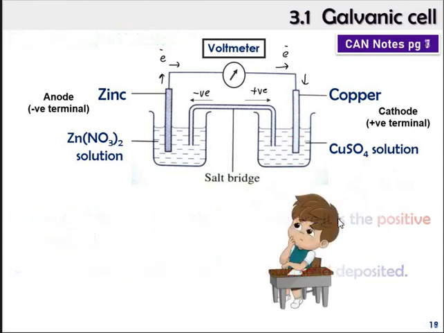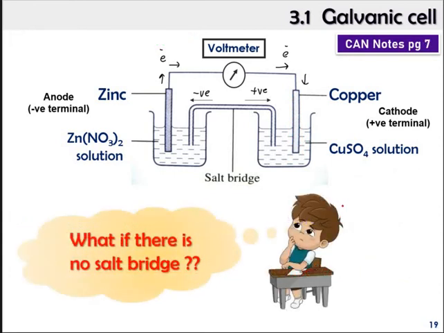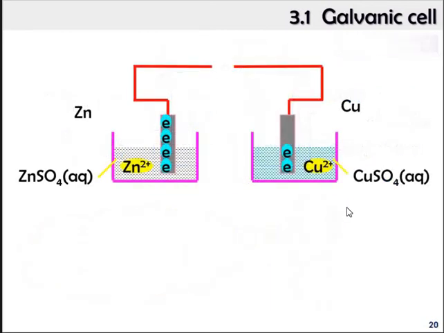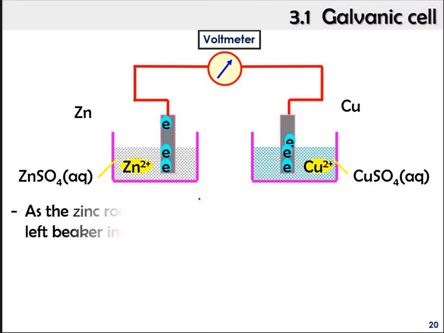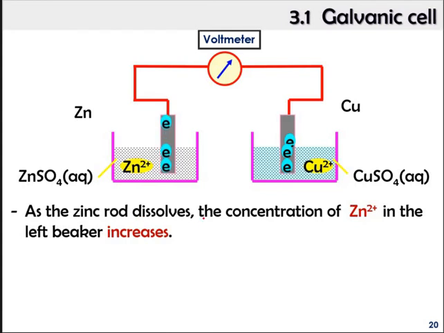Okay, so kita tengok sekarang, what if there is no salt bridge? Okay, let me see. So this is the diagram without the salt bridge. So the electron from the anode to cathode, okay, dia tak boleh continue, okay? Sebab apa? Okay, as the zinc rod dissolve, the concentration of zinc 2+ in the left beaker increase.